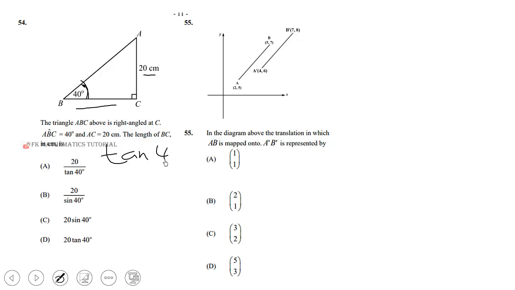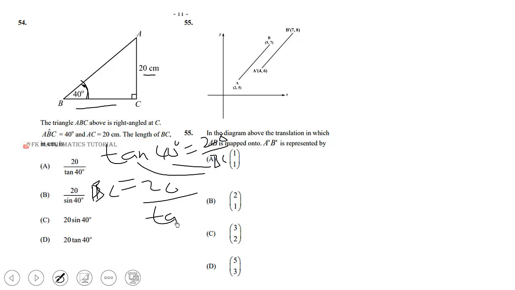So tan 40 degrees will be equal to opposite, which is 20, over adjacent, which is BC. So BC will be equal to, you swap this and this, 20 over tan 40 degrees. Option A.